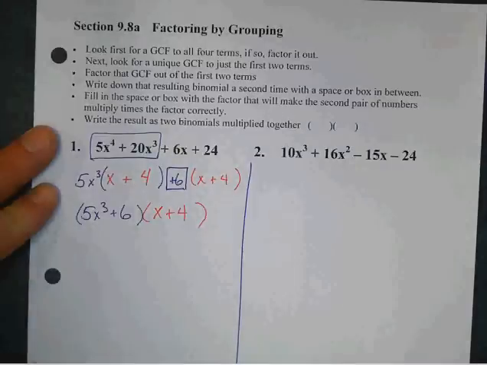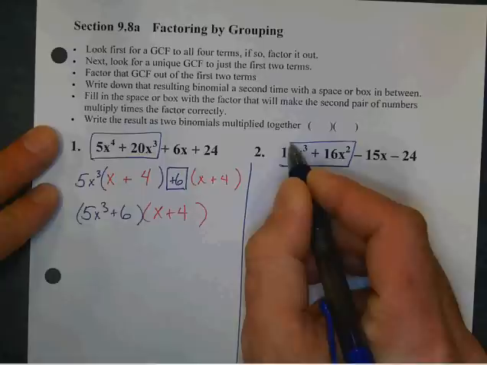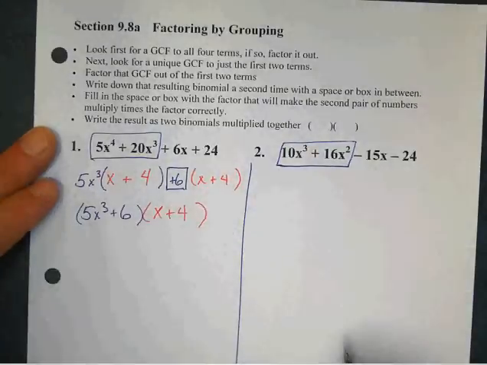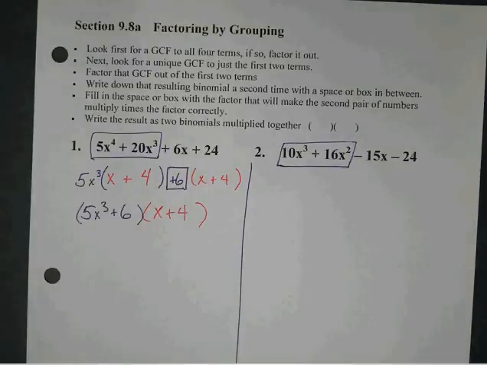All right, number 2. Put a box around your first 2. Talk to your partner for a second. Write down what you think the GCF is. Once you write it down, take it out. Factor it out at the first parentheses.